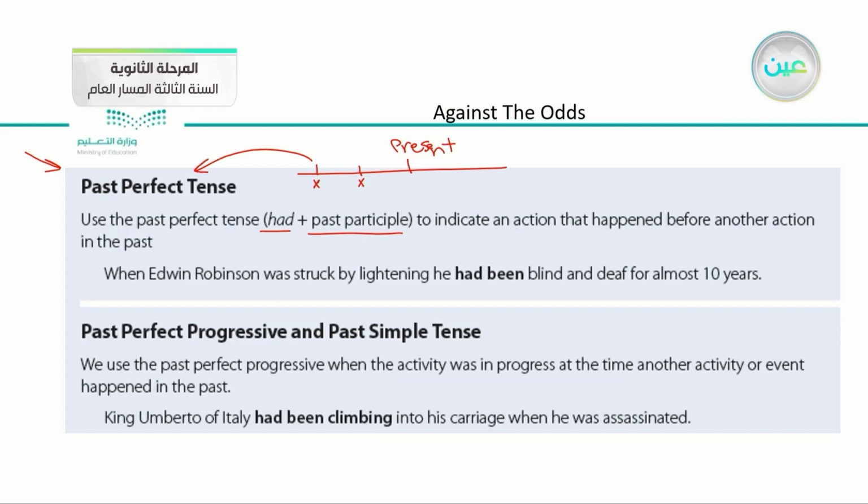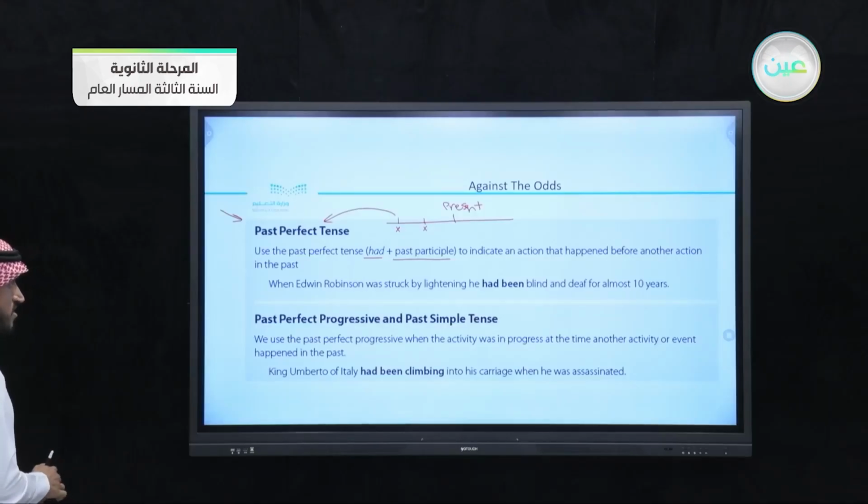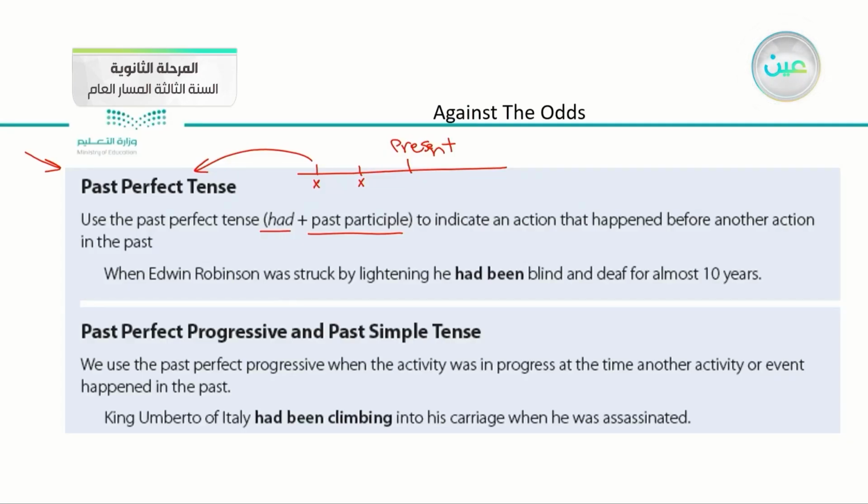For example, when Edwin Robertson was struck by lightning, he had been blind and deaf for almost 10 years.